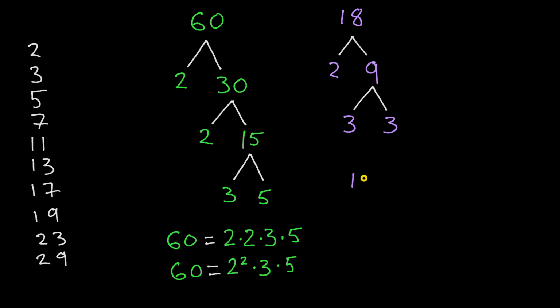So we have 18 is equal to 2 times 3 times 3. Or alternatively, 18 is equal to 2 times, we can combine these two 3's, we're going to get a 3 squared. And this is equal to 18.